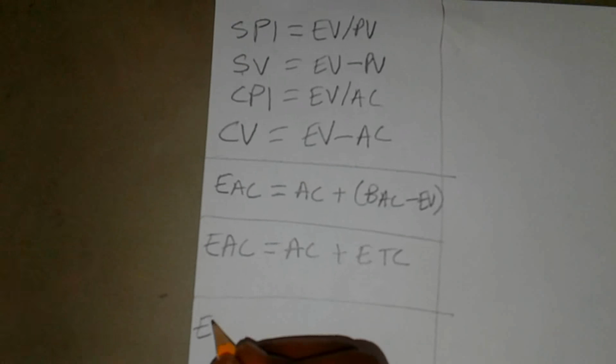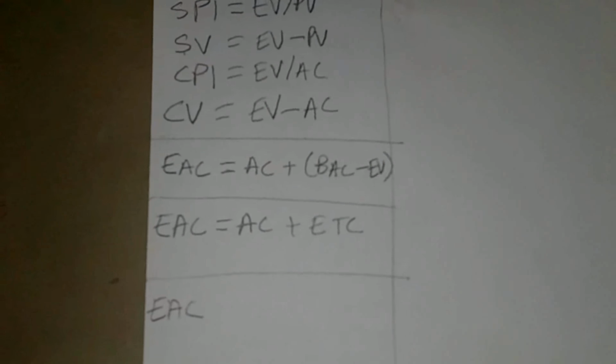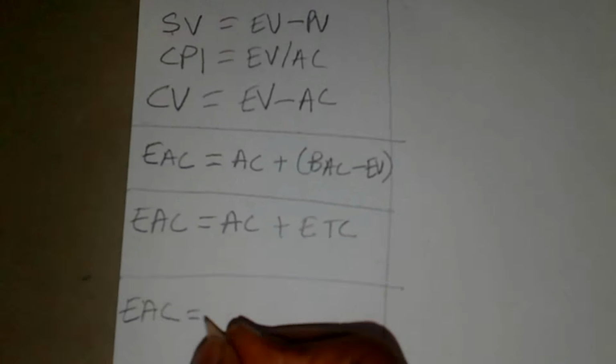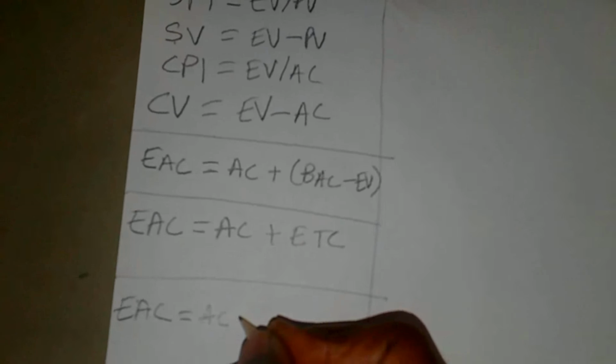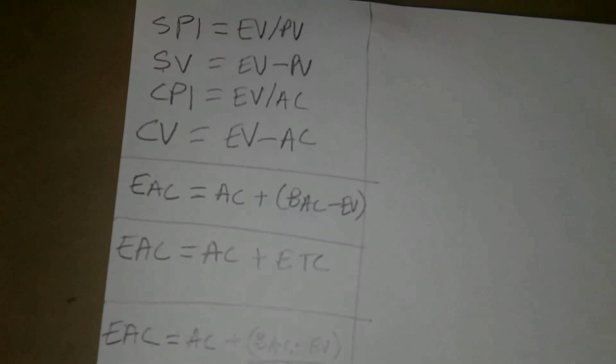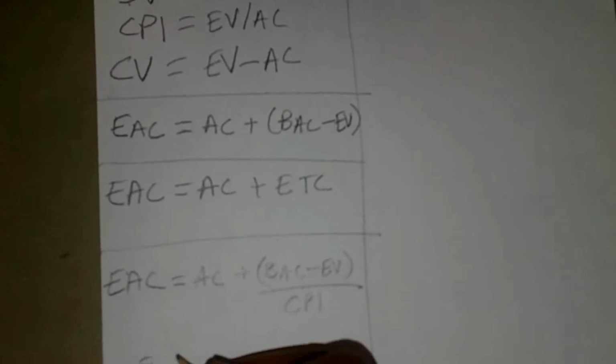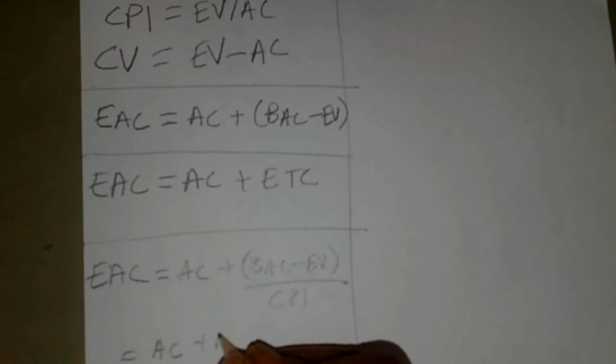The next one is EAC based on the current cumulative CPI. Really, the formula, if you're going to write it all out, it's really this. But of course you remember that we're going to solve this down.